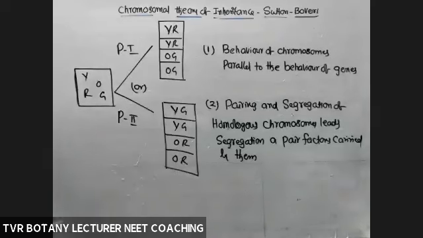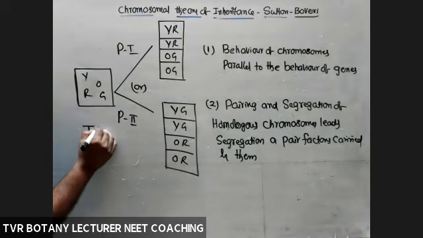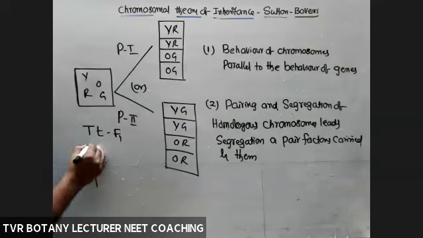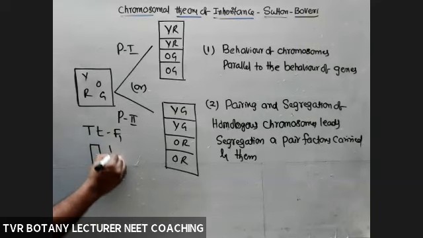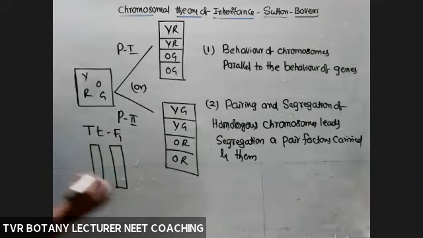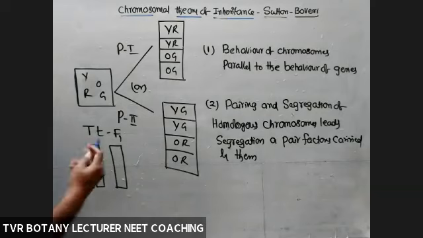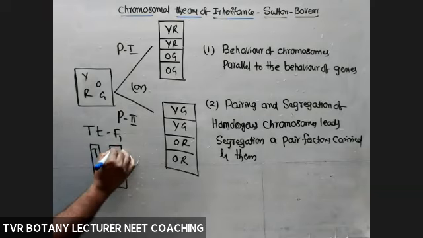How to understand that statement? Simply take a capital T, small t, F1 hybrid, just for our understanding only. So this is chromosome 1, bivalent 1. This is bivalent 2. Here capital T, here small t. Capital T, small t, that is a homologous region.